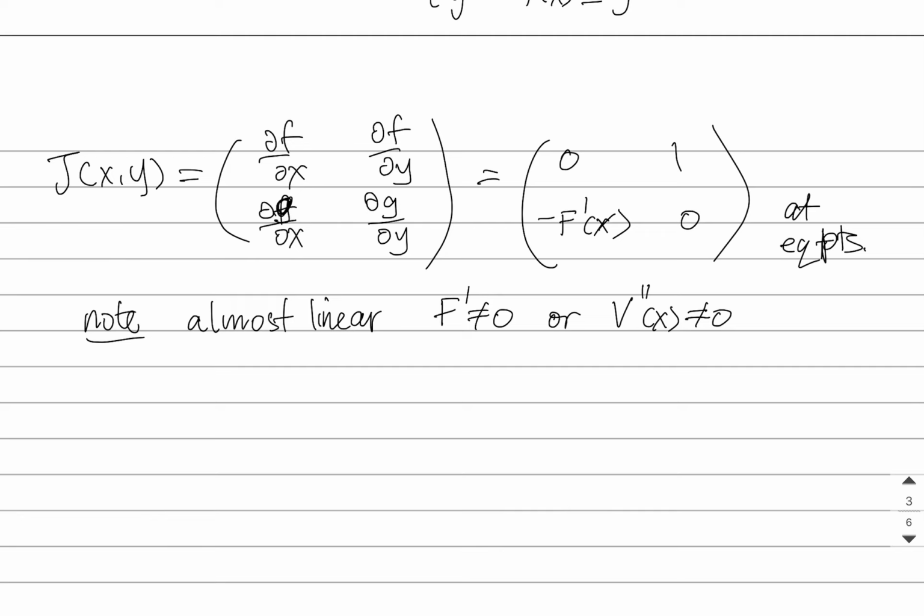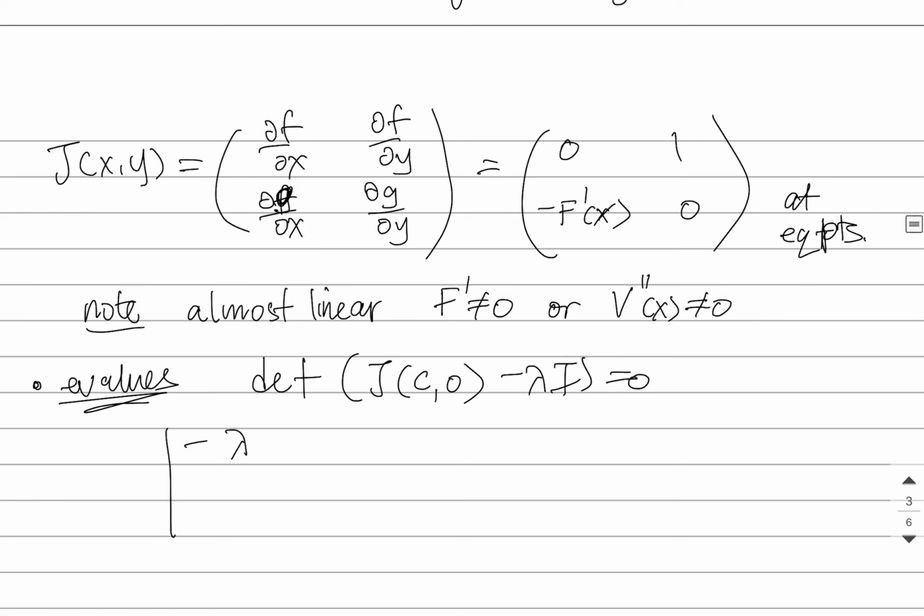Now, the next thing we're going to want to talk about are the eigenvalues. So what we need is the determinant of the Jacobian at this equilibrium point, c, 0, minus lambda I equals 0. That's what we need to solve. We'll get negative lambda, 1, negative f prime of c, 0, and negative lambda there, sorry.